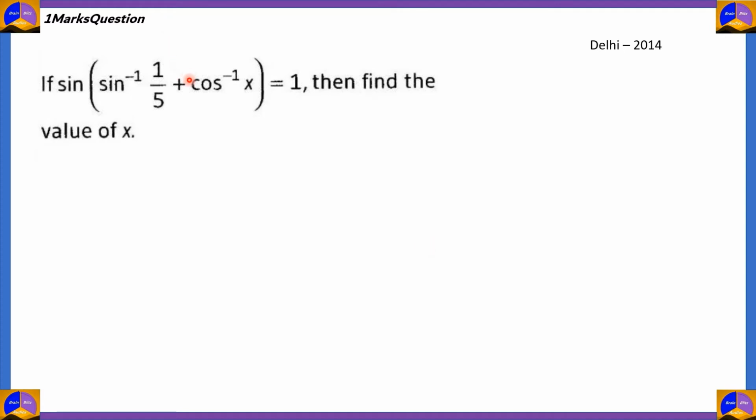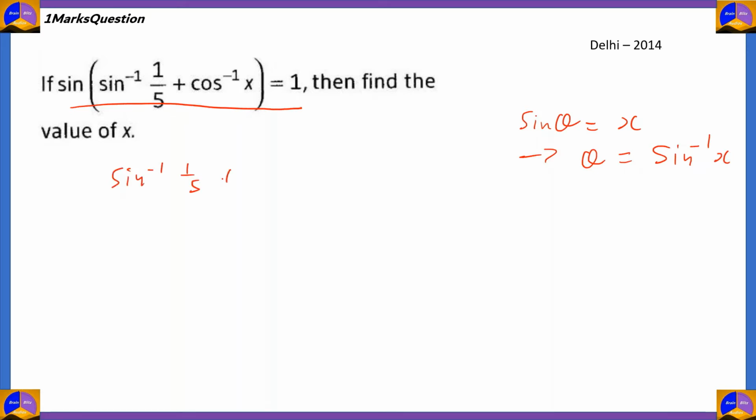The question is given that sine inverse 1 by 5 plus cos inverse x is equal to 1. So using the property sine theta is equal to x implies that theta is equal to sine inverse x, we can write sine inverse 1 by 5 plus cos inverse x is equal to sine inverse 1.